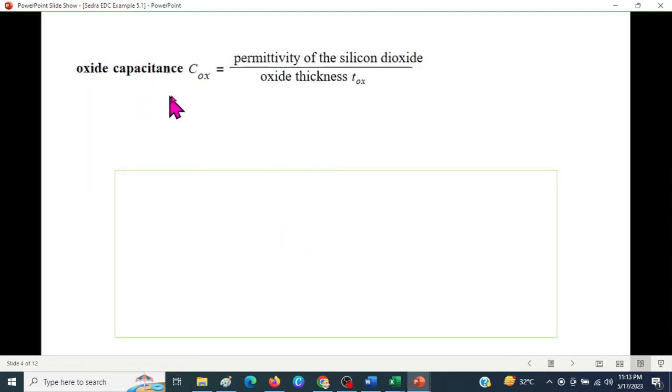So let's see. The COX is basically the oxide capacitance, or the capacitance due to the silicon dioxide. And the formula for this is the permittivity of the silicon dioxide divided by the oxide thickness. So we can write it like COX is EOX, the permittivity of the silicon dioxide, over TOX, the thickness of the oxide layer.